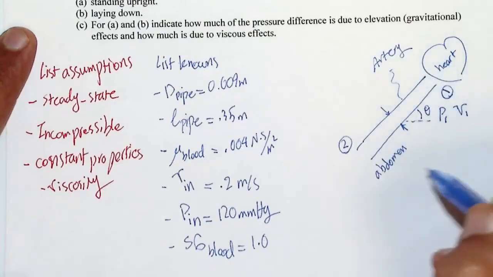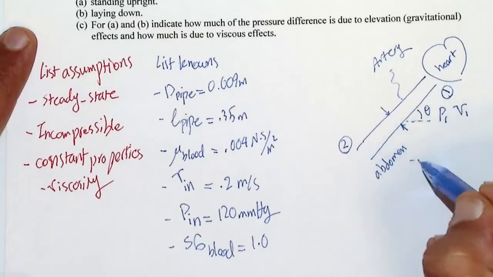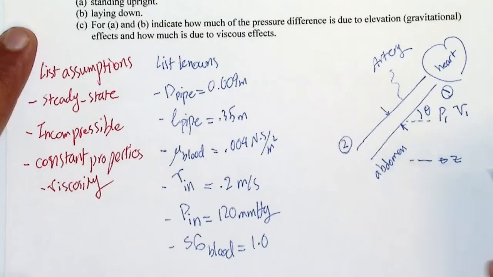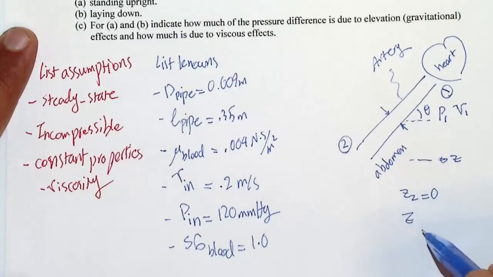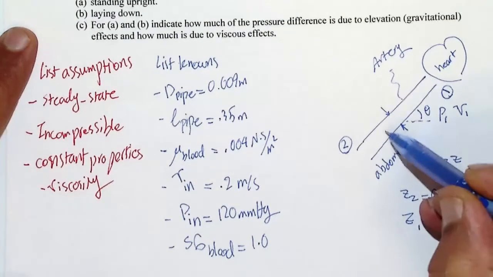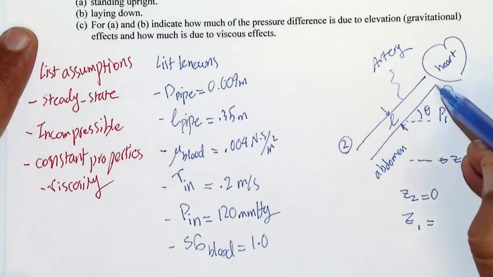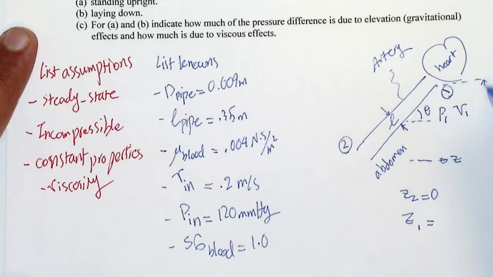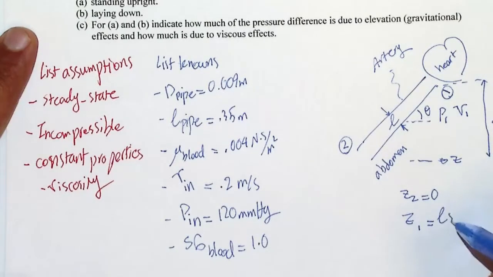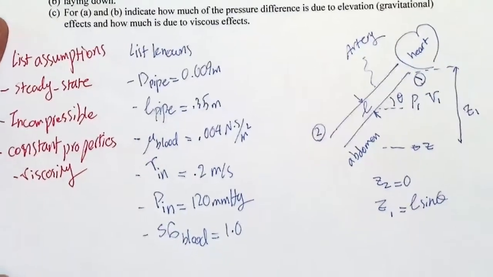You have theta, and if you assume that Z is measured from here, then Z2 is going to be 0, but Z1, if the length of that is L, is going to be L sine of theta. For now you have this information, right?